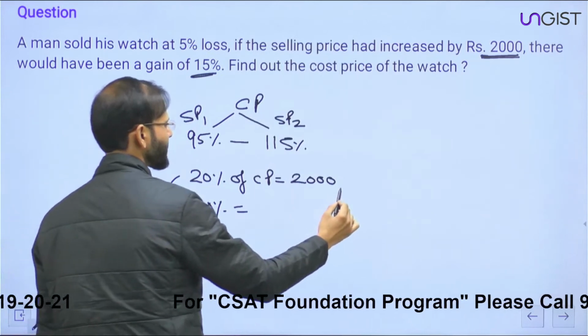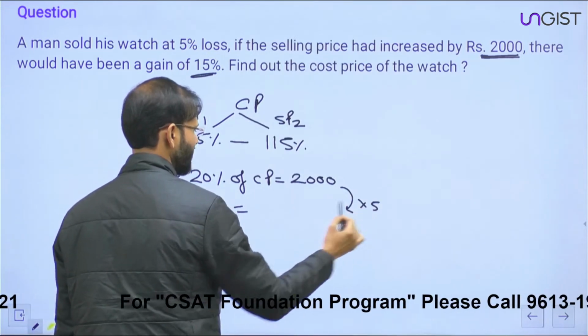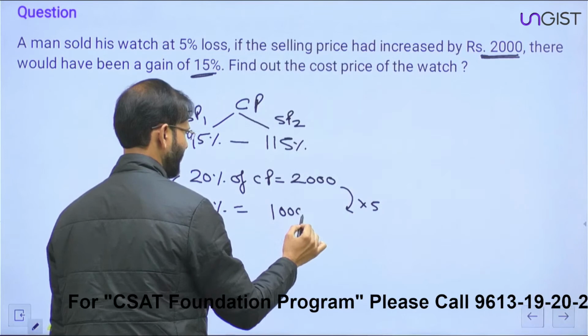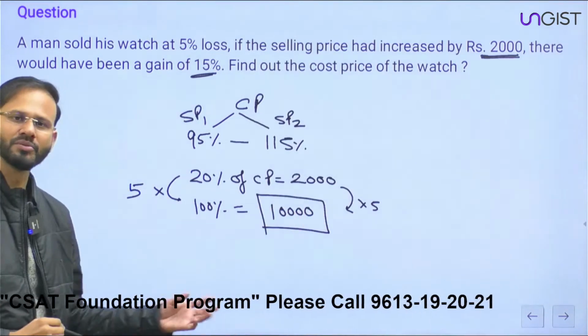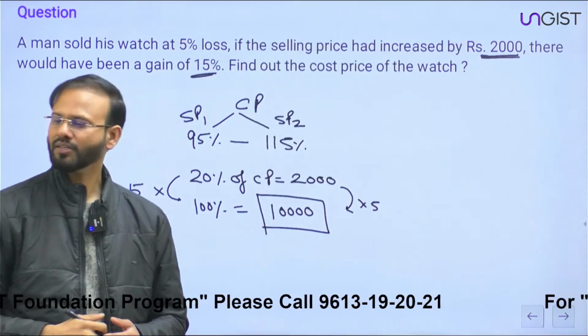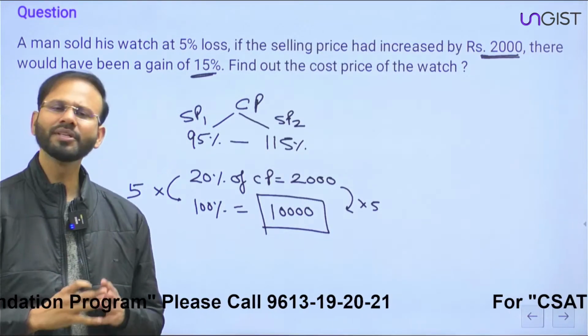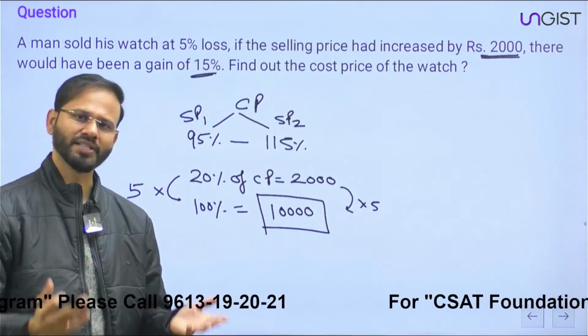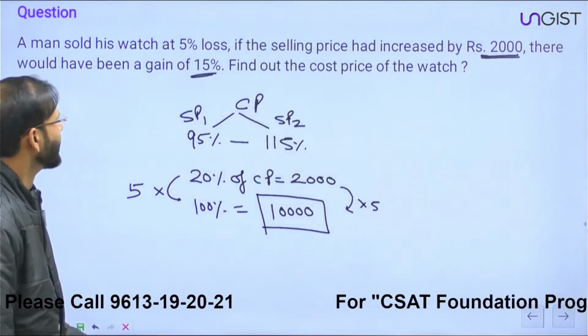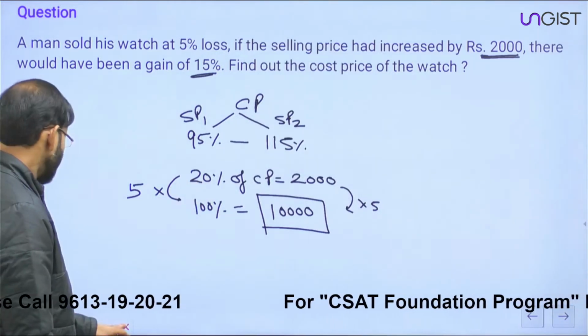So 5 times of this is 10,000. All right? So the cost of the watch was 10,000 rupees. Okay? So guys, simple questions. Actually, they are simple questions, right? You just have to read the question, process the things, and solve the answer, right? Get the answer.